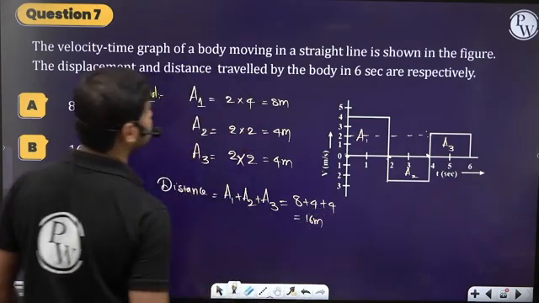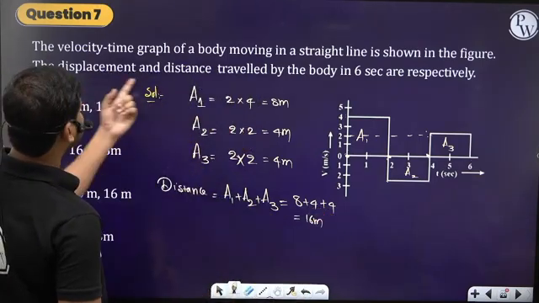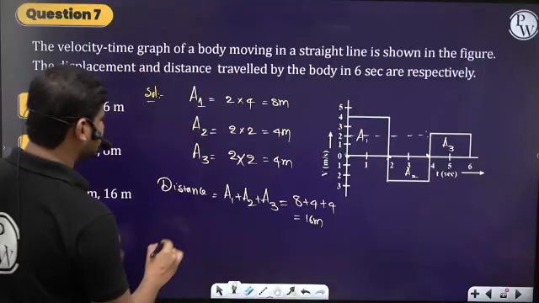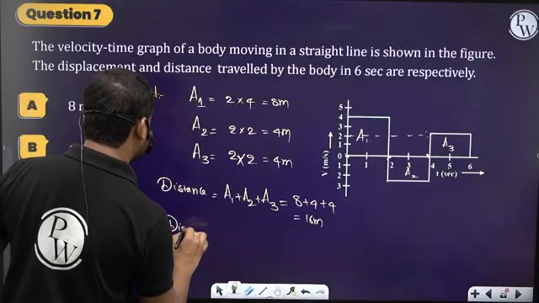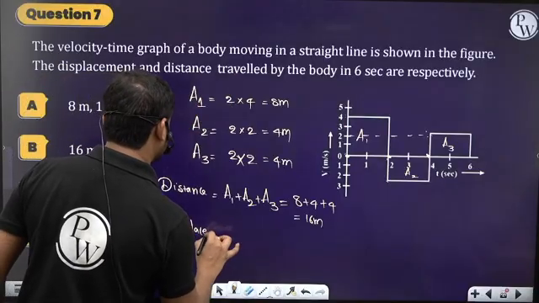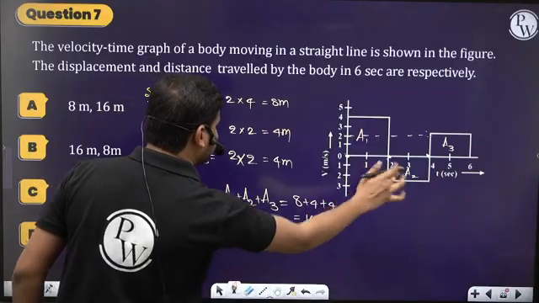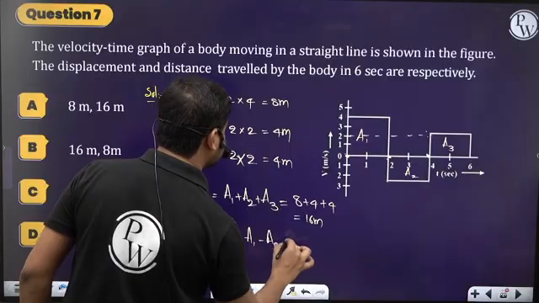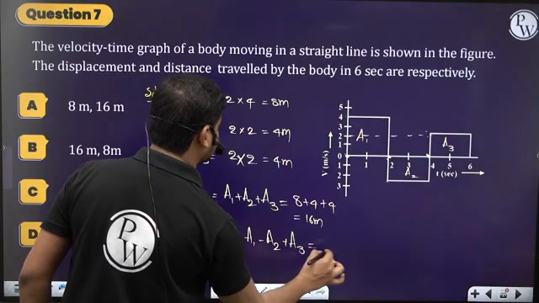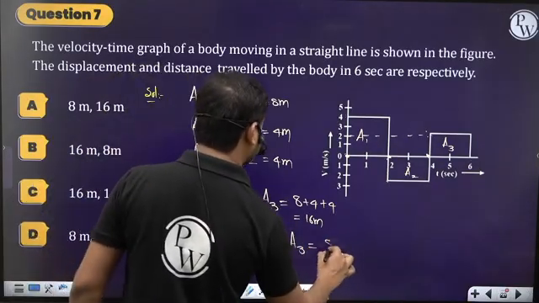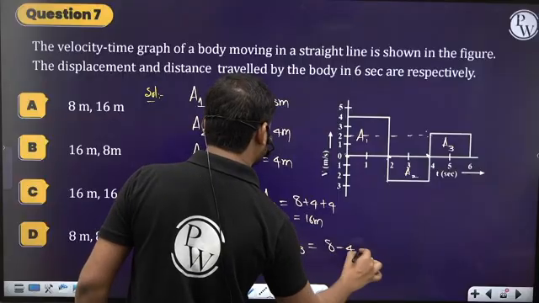So the distance is what they asked first. The second one, find the displacement also. Respectively, they said. For the displacement, A1 positive you should take, A2 negative, A3 positive. So A1 is 8, A2 minus 4, A3 plus 4.